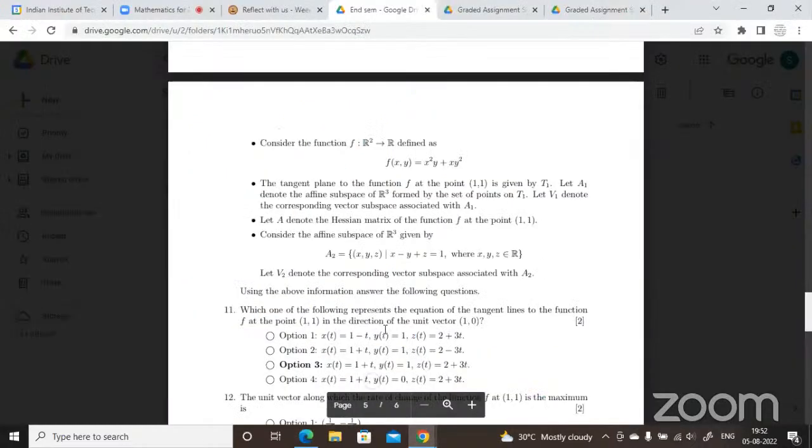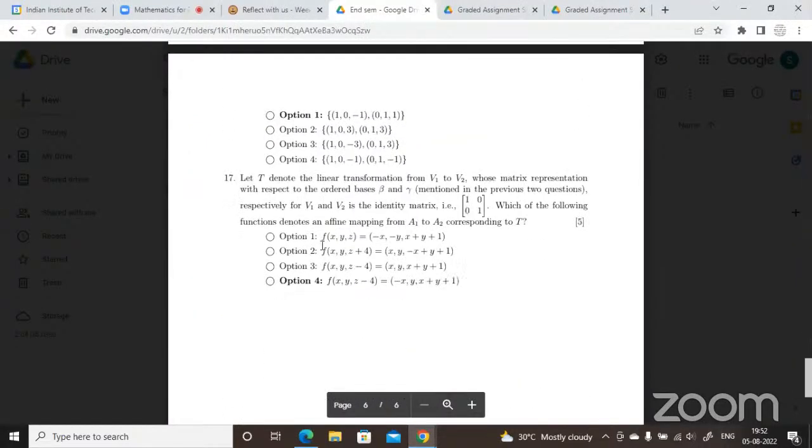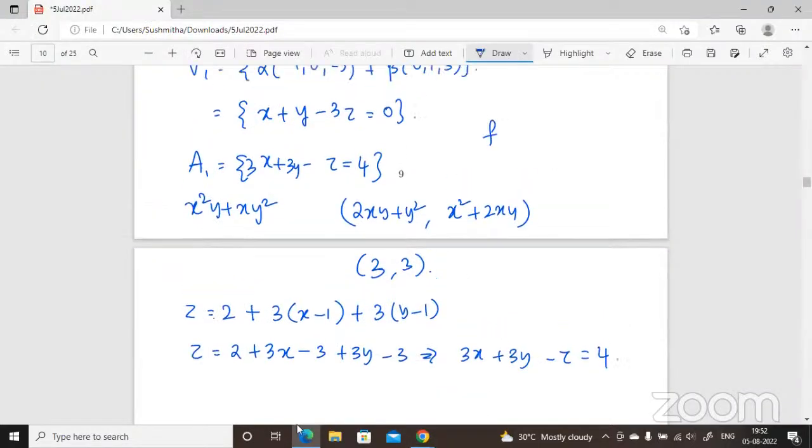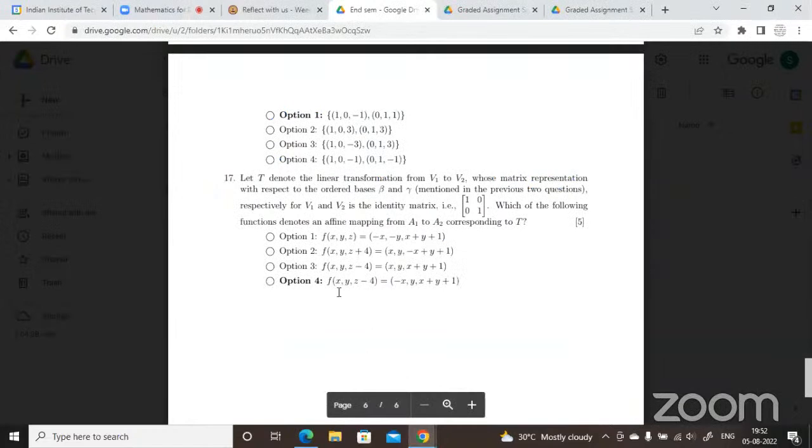Okay, so now we have to find the affine mapping. First of all, for the affine mapping, f is defined from A1 to A2. So f of x, y, z, these should be points of A1, right? Yes. So first of all, let's go to the right hand side.